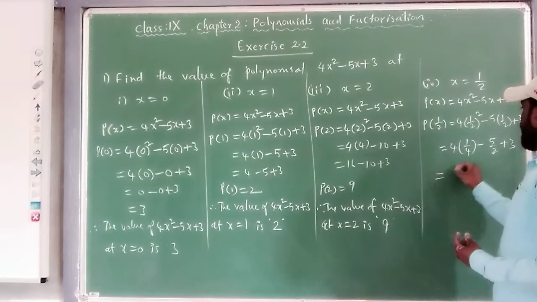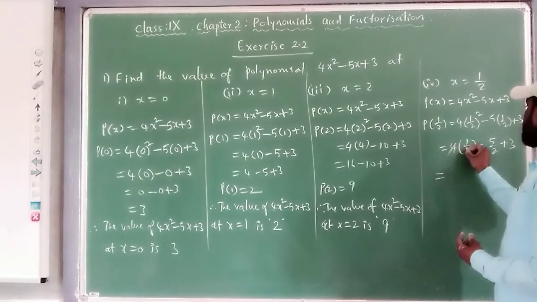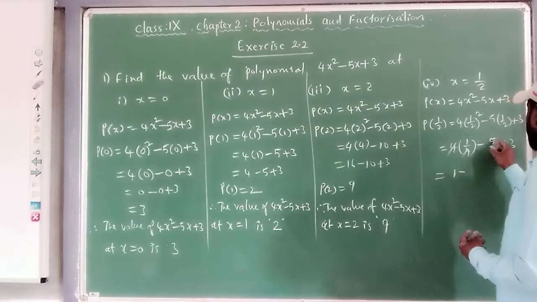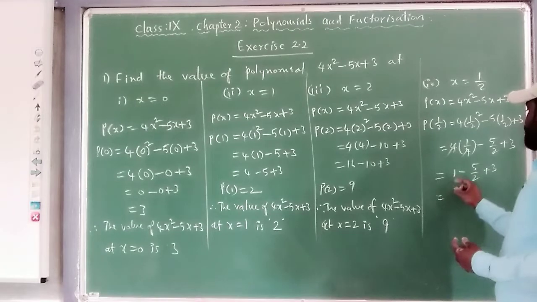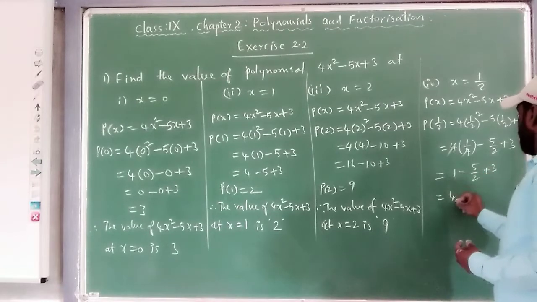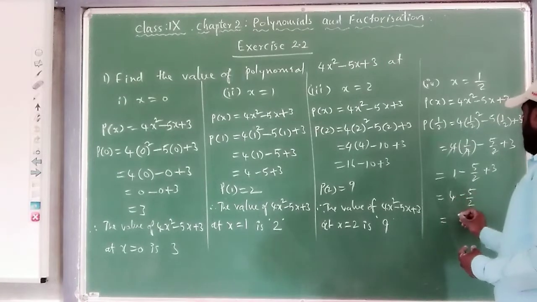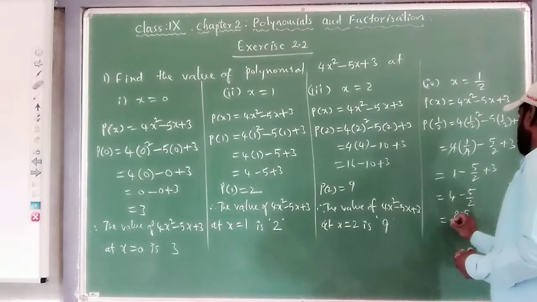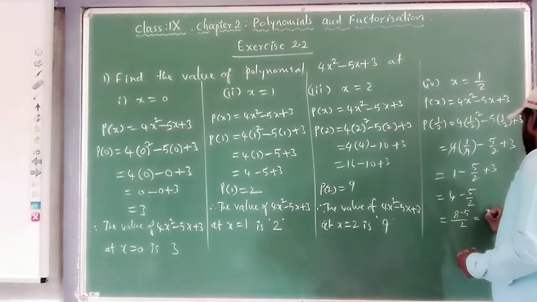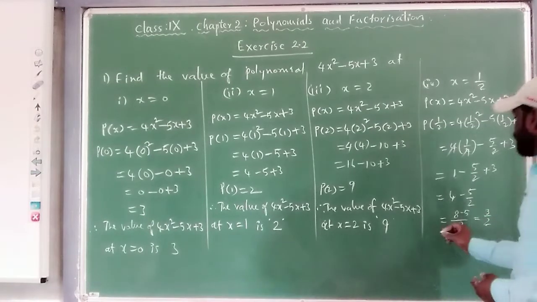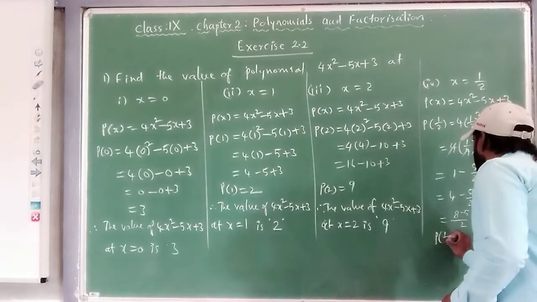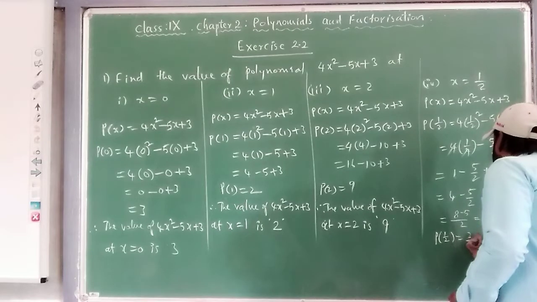So here this 4 and this 4 get cancelled, remaining is only 1. Here 5 by 2, minus 5 by 2, plus 3. Here the positive numbers 1 plus 3 is 4, 4 minus 5 by 2. Now 2 4s are 8, 8 minus 5 by 2. 8 minus 5 is 3, so 3 by 2. So P of 1 by 2 is equal to 3 by 2.